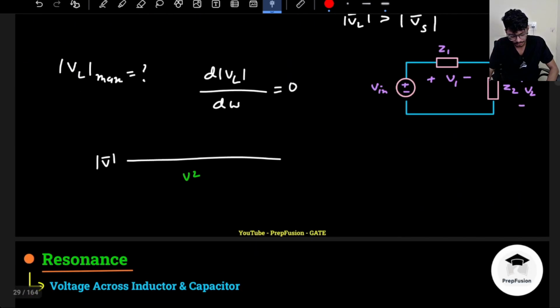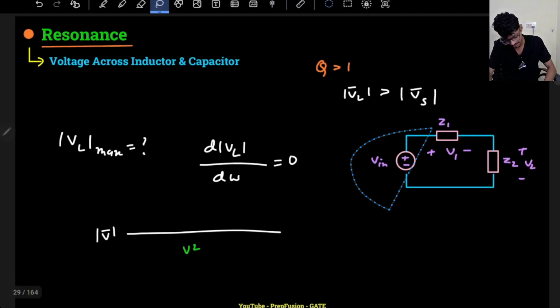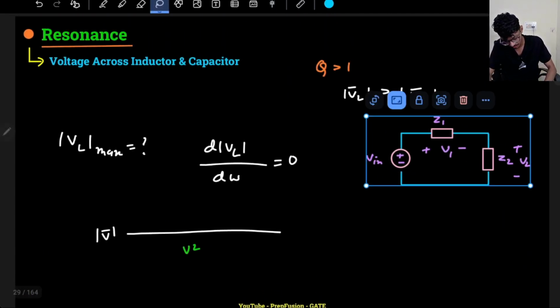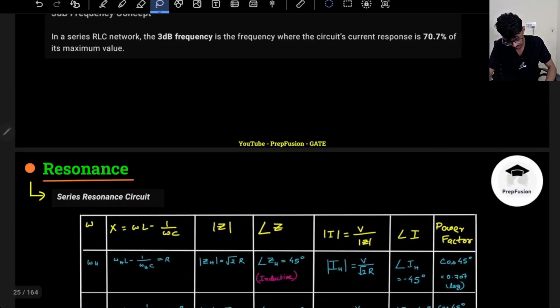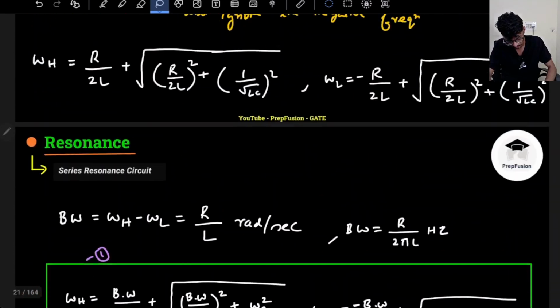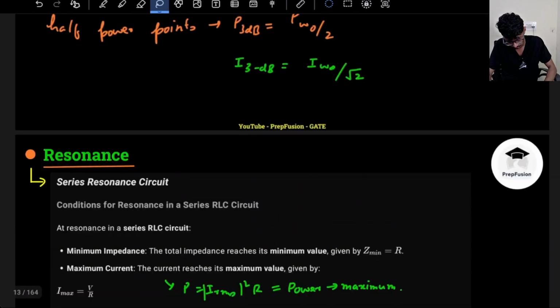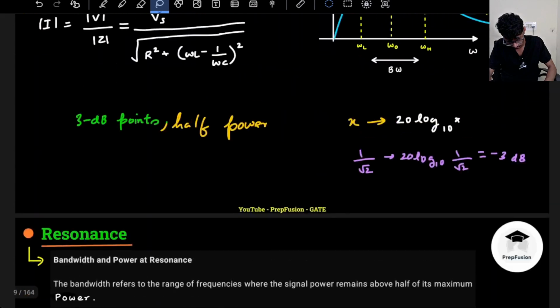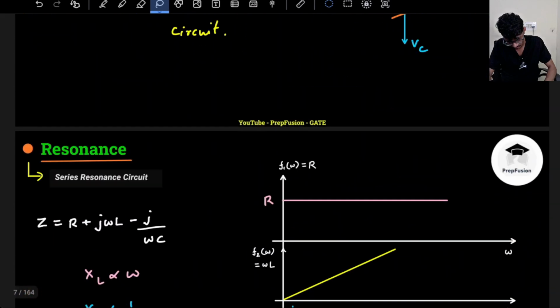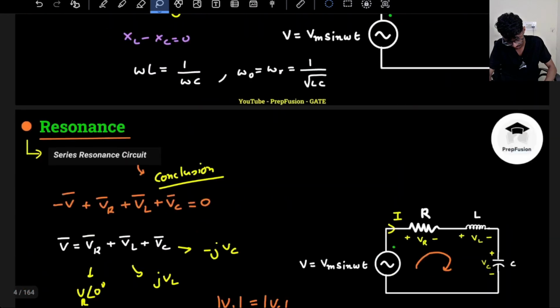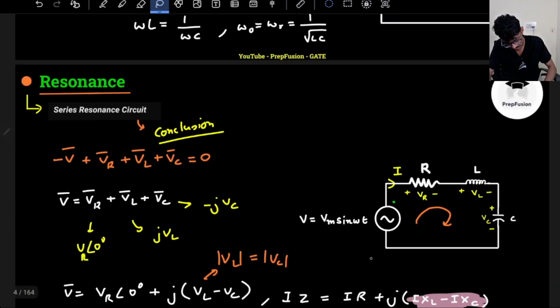Why? Because in AC, if I take the series RLC circuit, here it is.